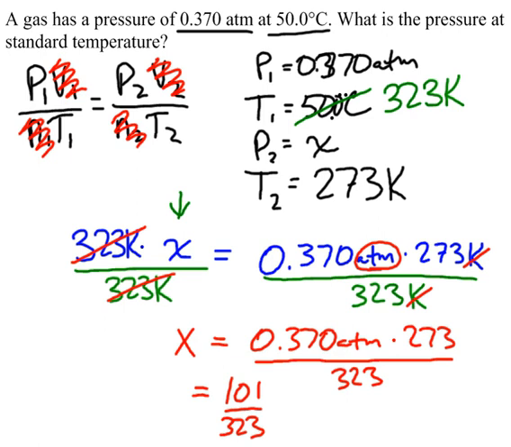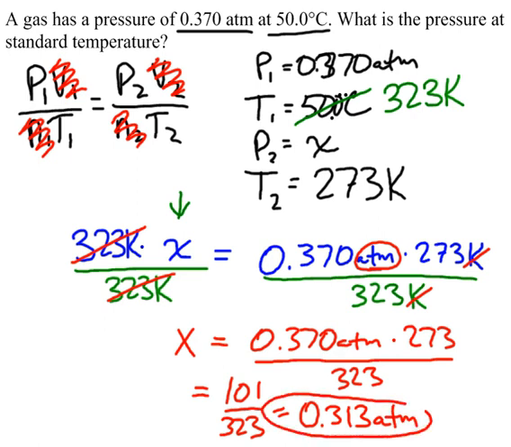Divide that by 323, and my answer ends up being 0.31426, which would mean it would be 0.314, and my unit is atmospheres. So there is my answer. That's what's going to happen to the pressure if I was to take the temperature down to standard.